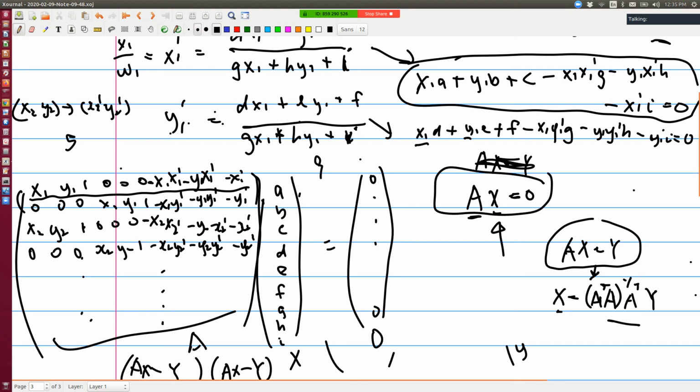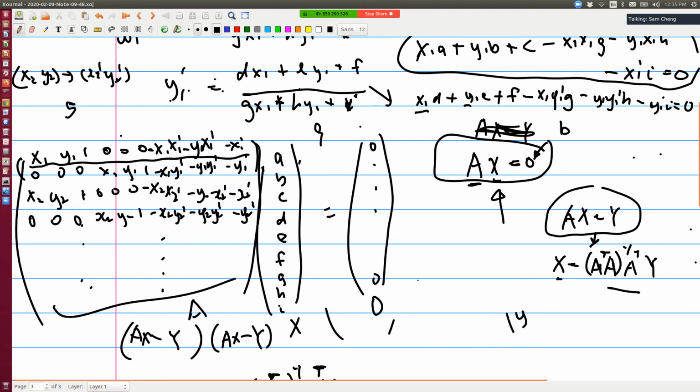I know that if it's not equal to 0, say it equals some b, then the solution is x equal to A transpose A inverse A transpose b. But now I have Ax equal to 0. So can I say x is equal to this, with b equal to 0? So no, yes.